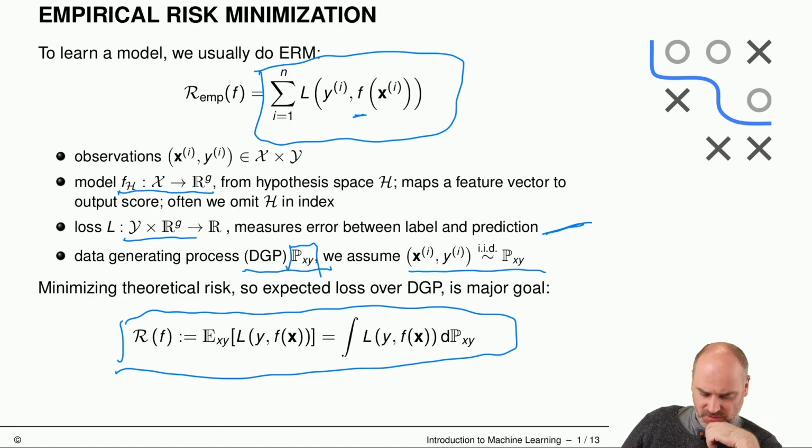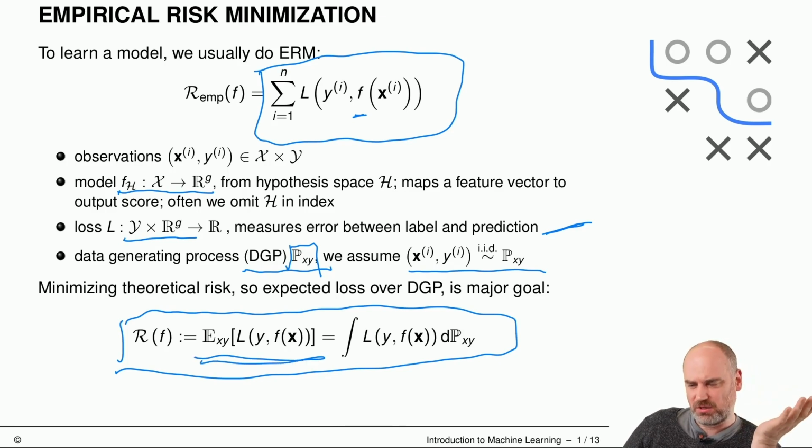So this theoretical analogon is pretty much just saying, hey, we consider expected loss now. So compute the expected loss for a given model F. You now compute the expected loss over our given distribution, capital P.